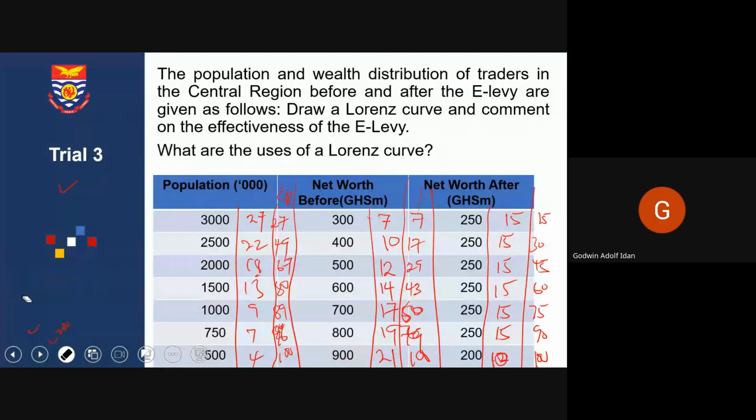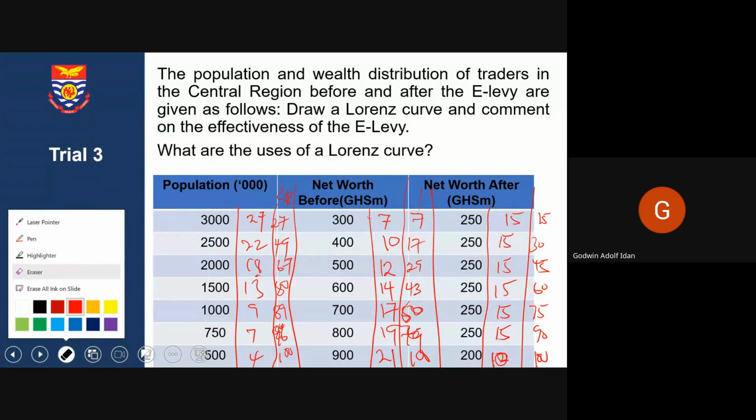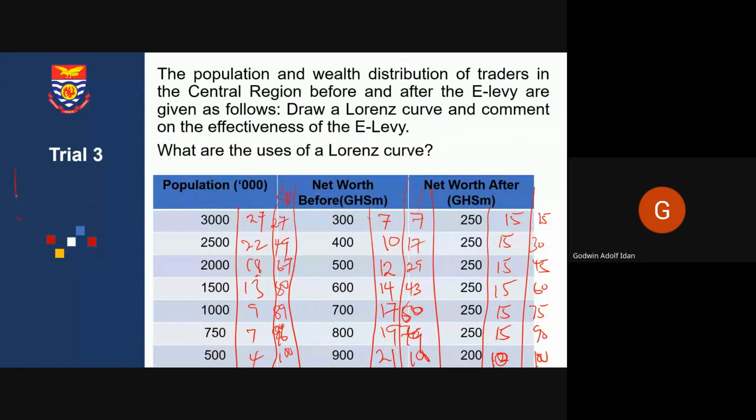So I want to illustrate it here for you. We just draw our X and Y axis here. The X axis is going to be the cumulative percentage of population, and here is going to be the cumulative percentage of wealth.